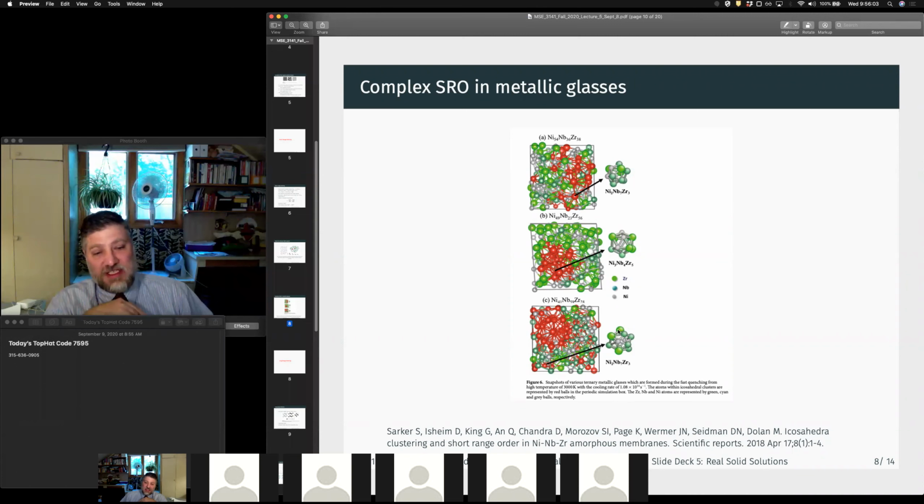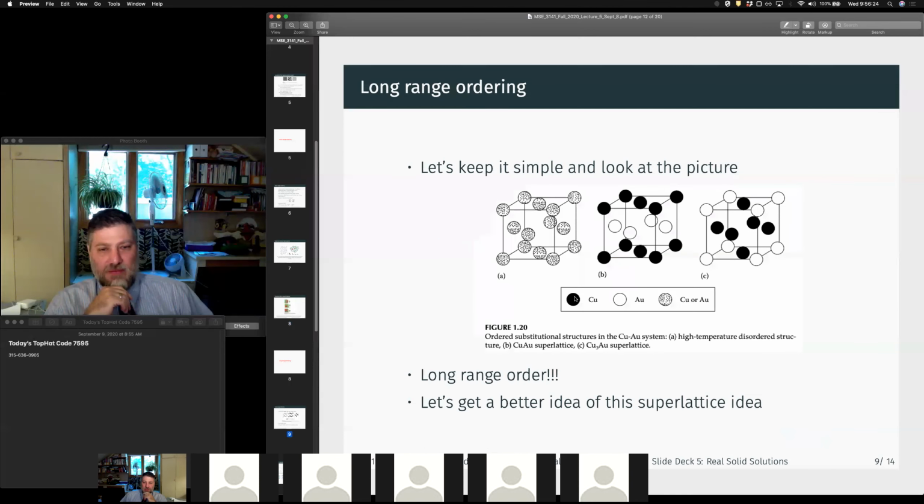But you can see these complicated icosahedrons that form for the local short range order. But the long range packing of these icosahedrons becomes perfectly random. But you have these sort of local chunks.